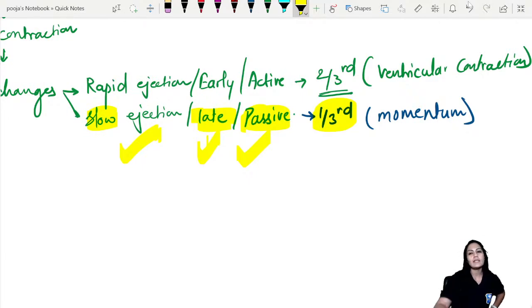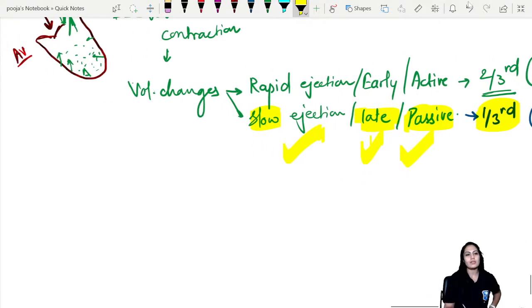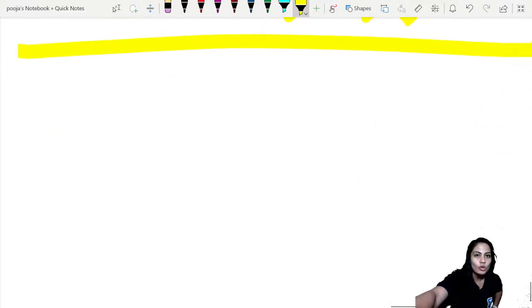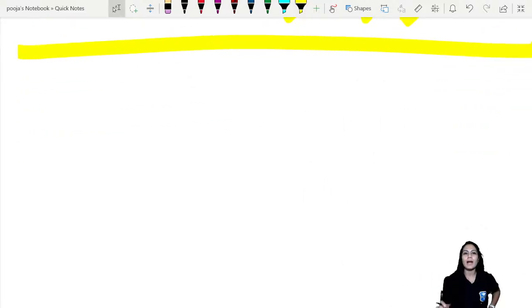Now this is about the ventricles, right, and their semilunar valves and corresponding arteries. What happens, how does the blood come into the atria, and how do the atria throw the blood into the ventricle? They also have the same manner of changes, but we are talking in terms of atria now.